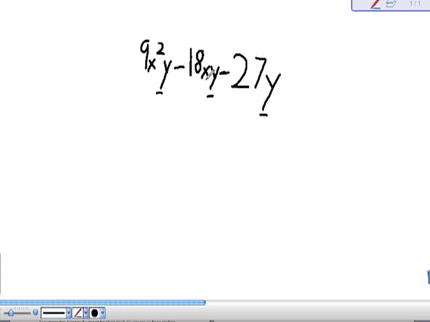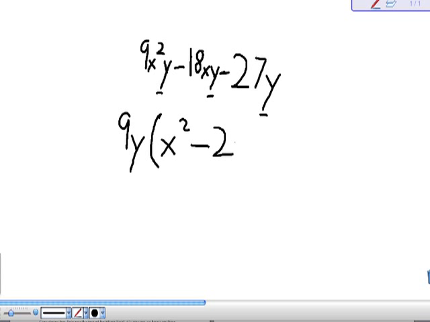So we can go ahead and first pull out the 9y. We're going to pull this out from our equation. That's going to leave us here with x squared. And like I said before, 9 goes into 18 twice, so we're going to pull out the 9, leaving us with the 2.